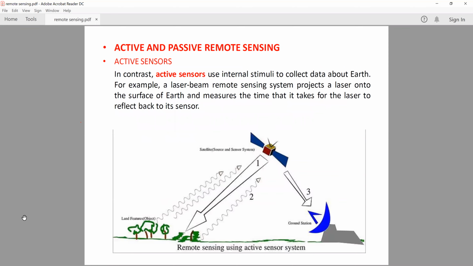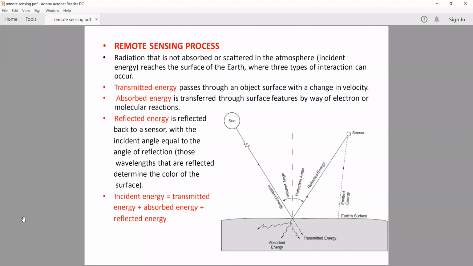Once you have that energy coming onto the Earth's surface, it can either be reflected back, shown by this line over here, or it can be absorbed by the surface, or it can be transmitted through.